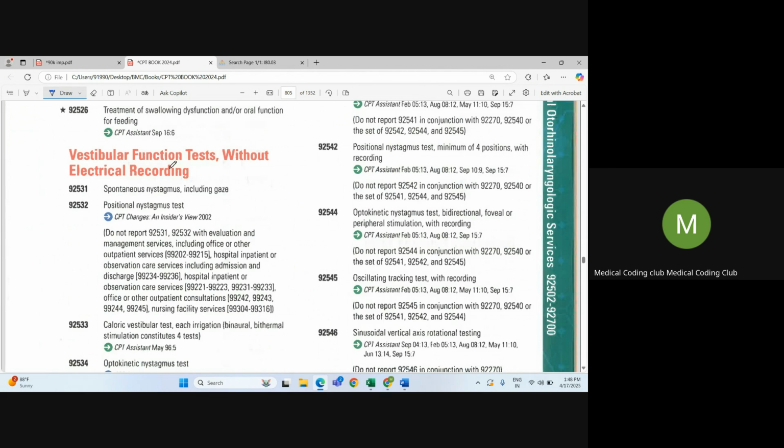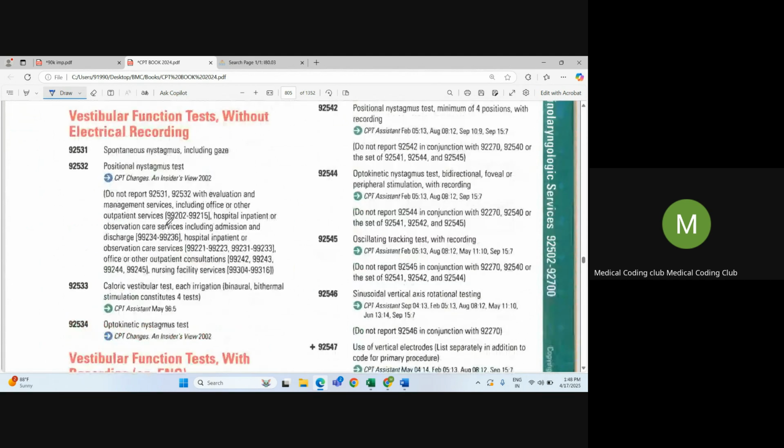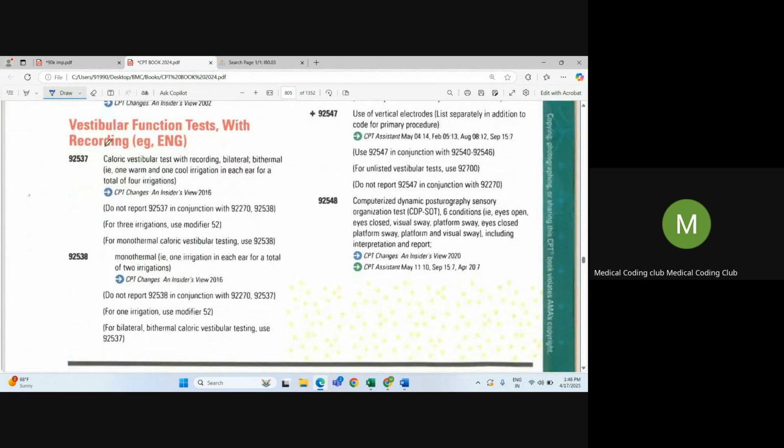Sometimes they use one ear hot water, one ear cold water. Sometimes they use both methods. So the provided documentation should be very clear here. Just see monothermal and bithermal. Bithermal means both warm and cold.